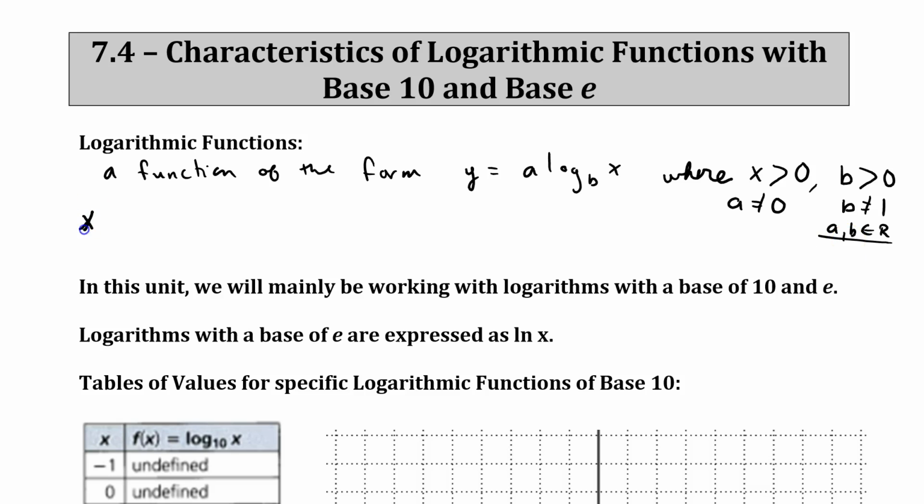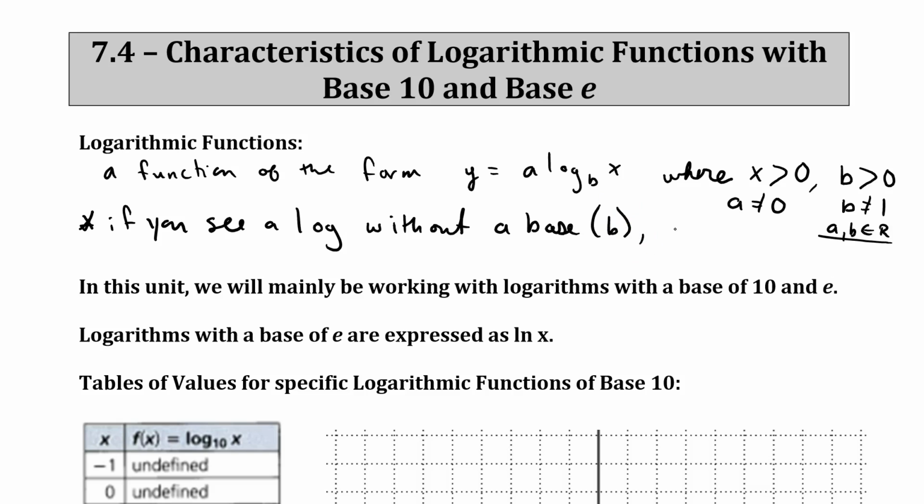So another thing to remember, if you see a log without a base, without that b part, you can assume base 10.